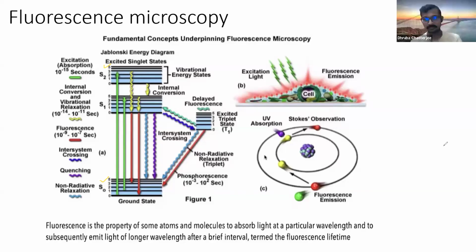Another way to attach your fluorophore, which can be fluorescent proteins like GFP or mCherry, etc., to your protein of interest, is to take advantage of molecular biology tools where you can clone this GFP or RFP or mCherry.